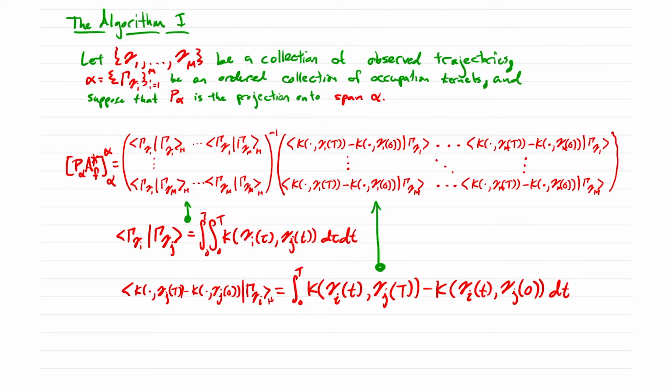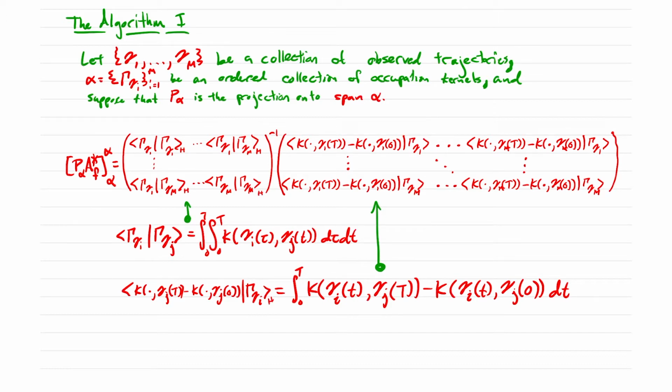The reason why you want to do that is because then we can talk about the eigen decomposition here, and the vectors that we get out of this end up being a collection of coefficients that go on to the occupation kernels themselves. So then we can get a truly simple representation of our eigenfunctions just as a span of occupation kernels.